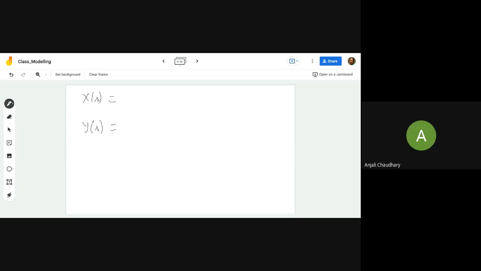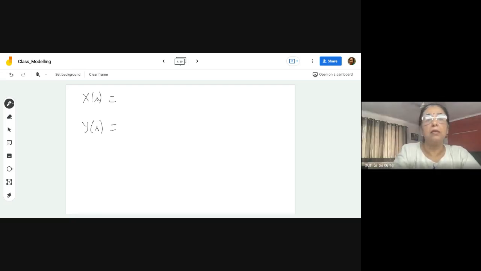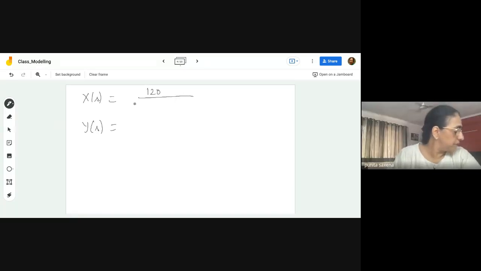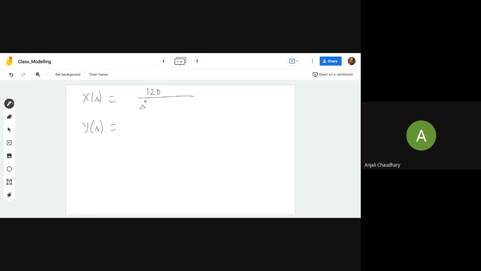Ma'am, Xs is 120 upon s square plus 1 into s square plus 4 into s square plus 9. That's right.